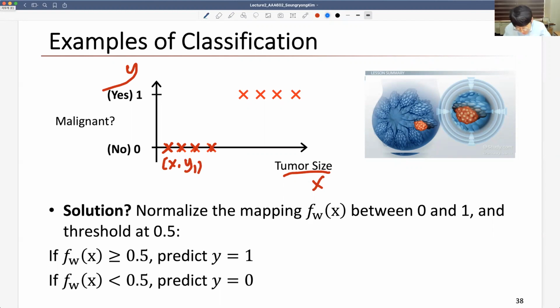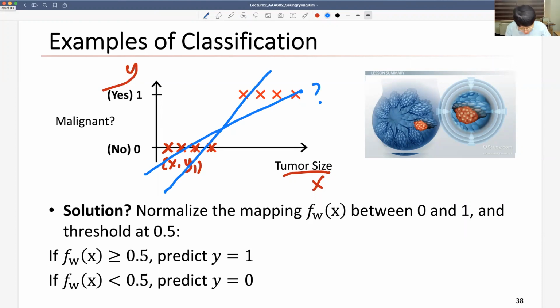Then, similar to the regression problem, we can find the mapping function. We can find a linear mapping function, something like this one, that approximates this training data well, or like this one.